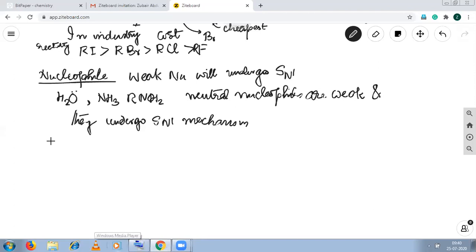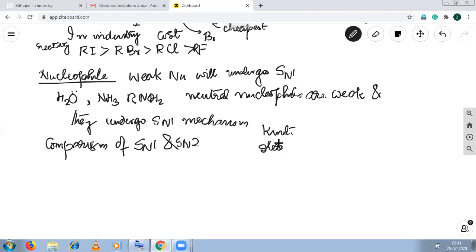You can make a comparison of SN1 and SN2 mechanism. You can write all these points. You can make a table on different aspects. How can you compare? You can compare on kinetics, on stereochemistry, on mechanism, on energy profile diagram.